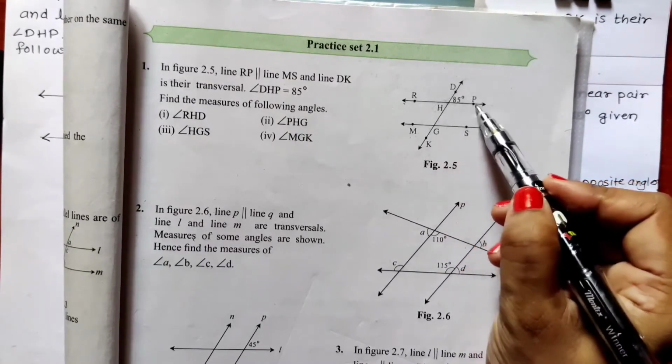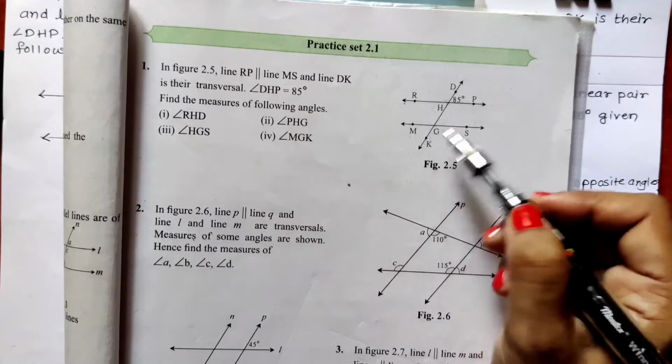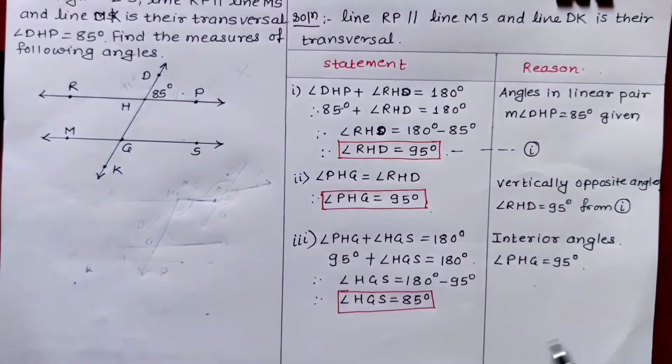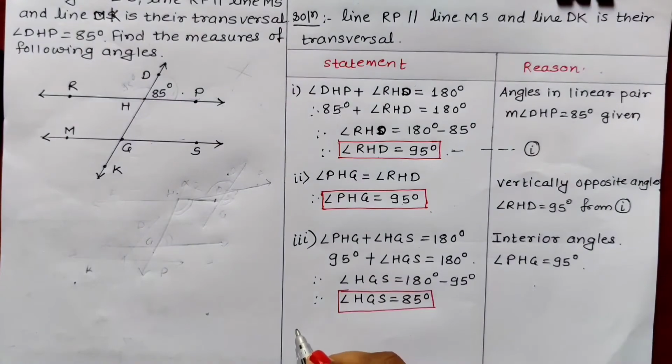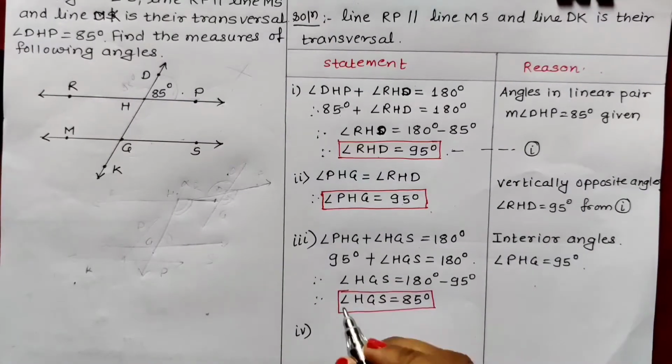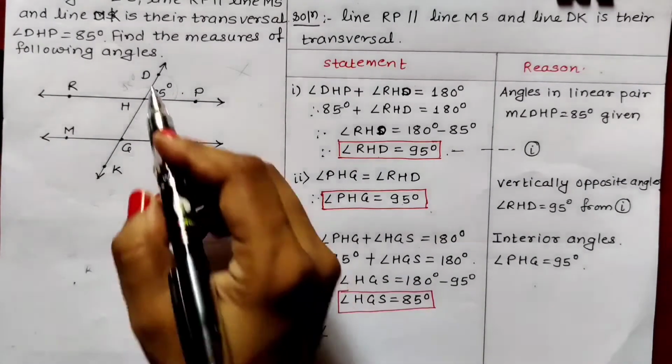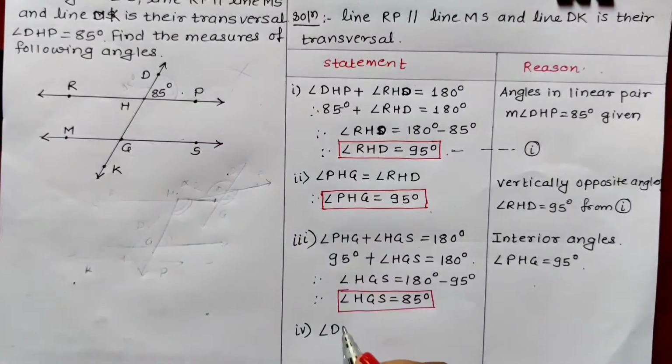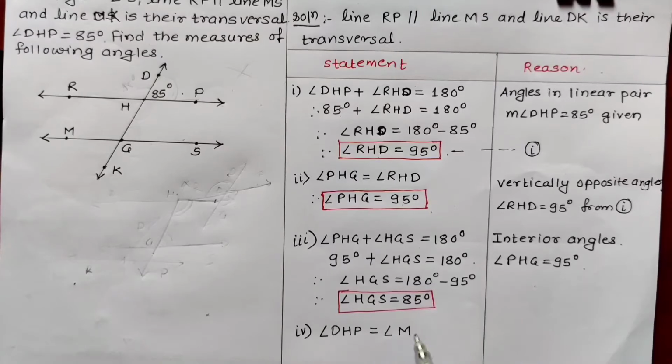So we will be writing DHP and MGK are alternate exterior angles, and that's why they are congruent with each other. Fourth one, angle DHP is equal to angle MGK.